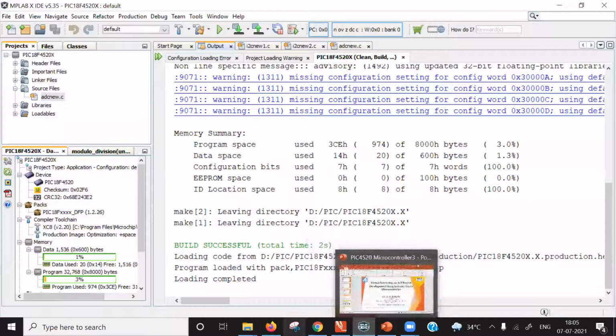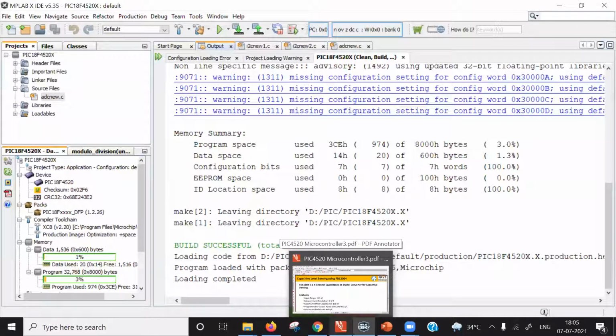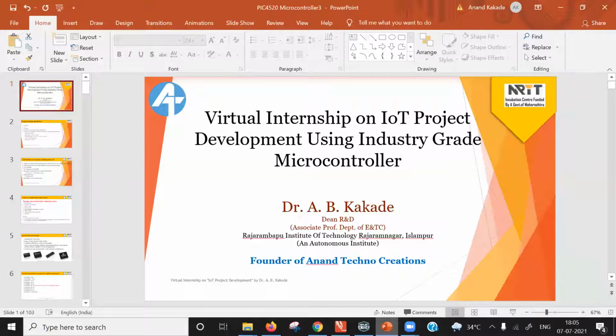Today I am going to start a very important topic of this internship program, that is I2C protocol implementation. And it is really important, especially if you are planning to take up a job in embedded design companies, or if you are planning to do a job in IoT field, then I2C protocol is really important, because in embedded domain, I2C protocol is one of the most widely used protocols for interfacing many sensors to microcontroller.